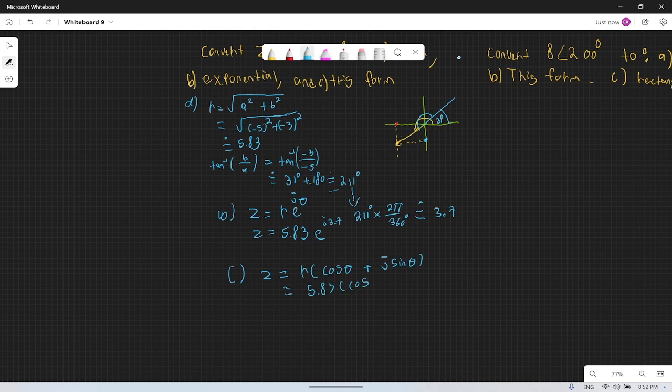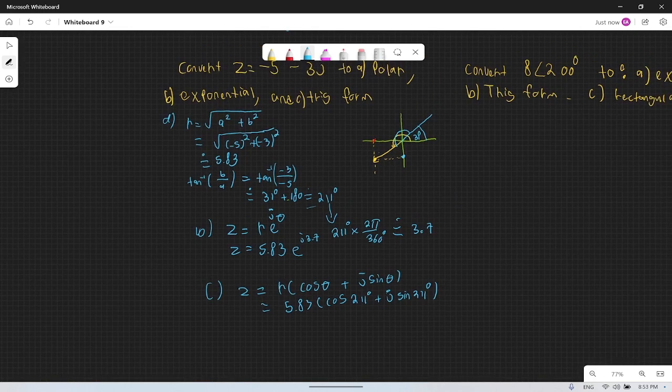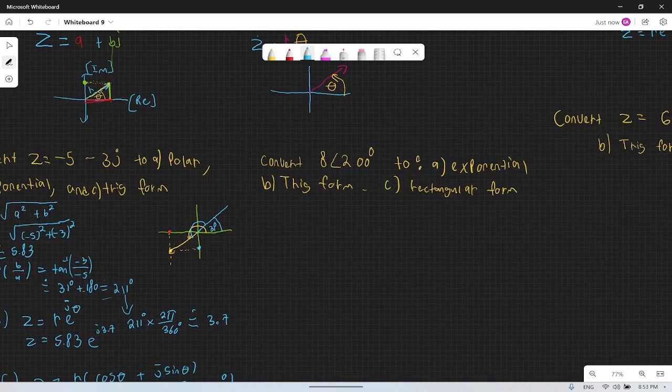If it specifies, just do what it specifies. And that's all you have to do. Converting between exponential form, polar form, and trig form is all pretty simple. You just sub in the values.